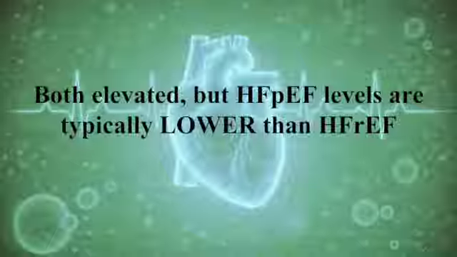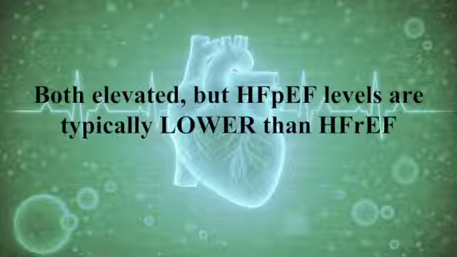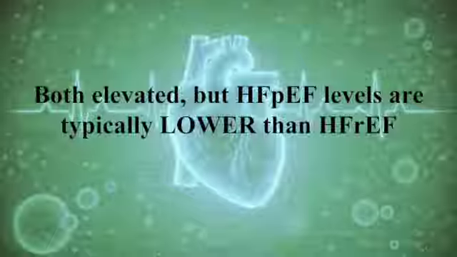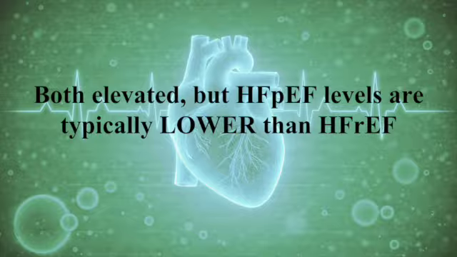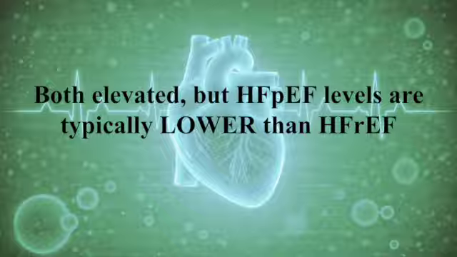The lower levels in HFpEF occur because the ventricle is not dilated, resulting in less ventricular wall stress compared to HFrEF, and because obesity, which is common in HFpEF patients, tends to blunt BNP elevation. Despite these relatively lower values, BNP and NT-proBNP remain clinically useful in HFpEF due to their high negative predictive value for excluding heart failure entirely.